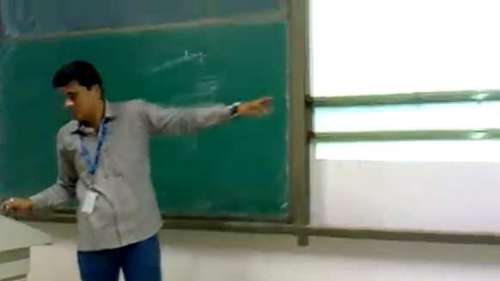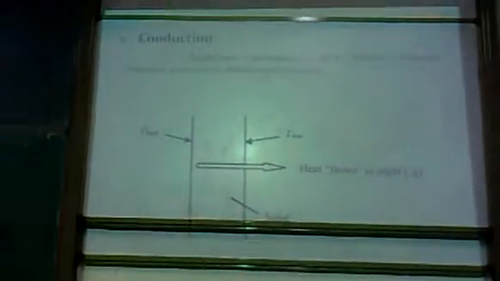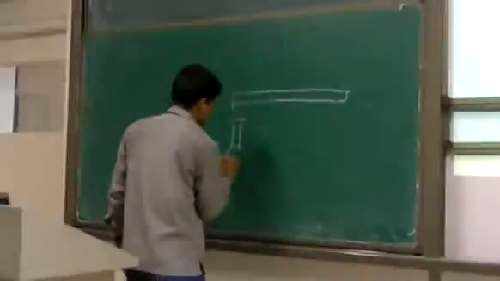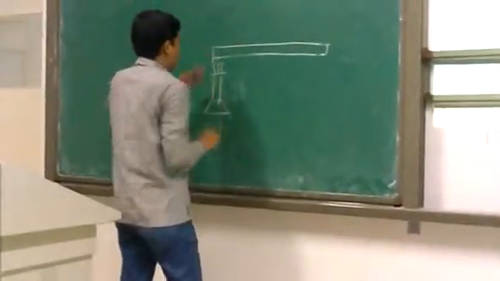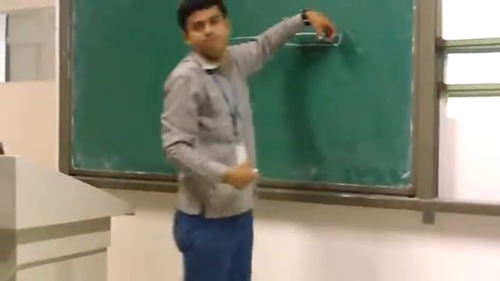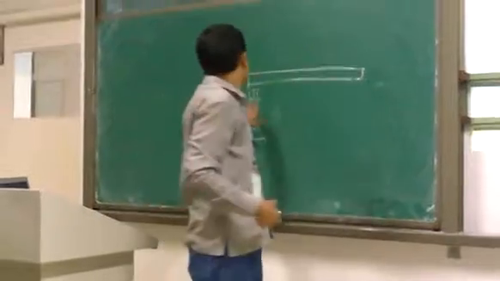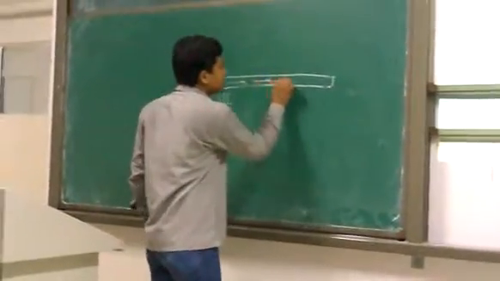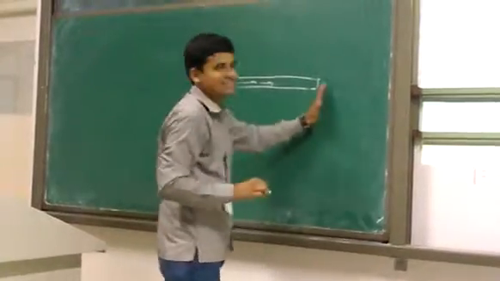Next, the third type of heat transfer is conduction. As I told earlier, conduction is for what? If this is a metal rod, we put the burner here and give heat to this side, and if I pick up the rod at this side, when the heat increases, some ions or protons are generated and move toward this side.